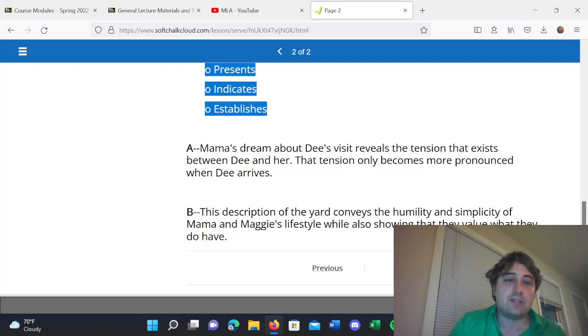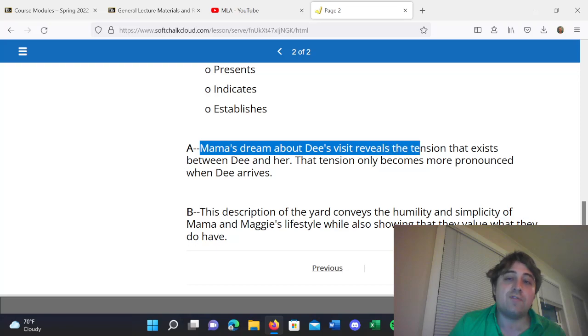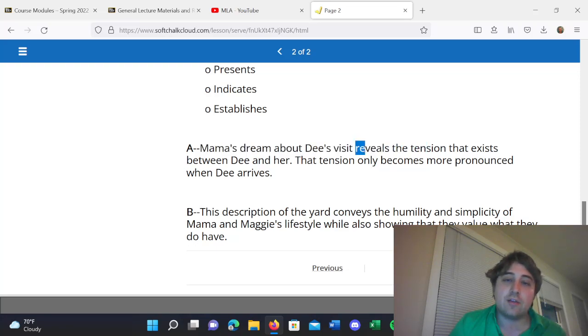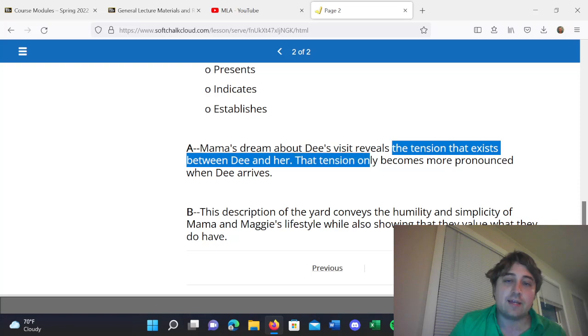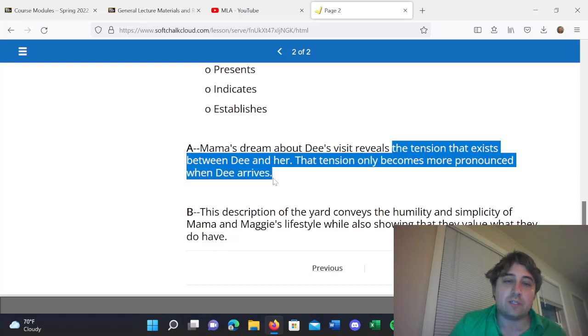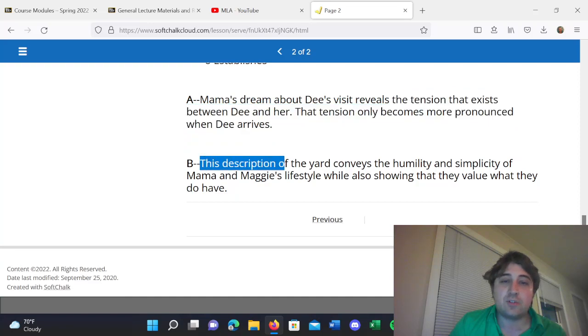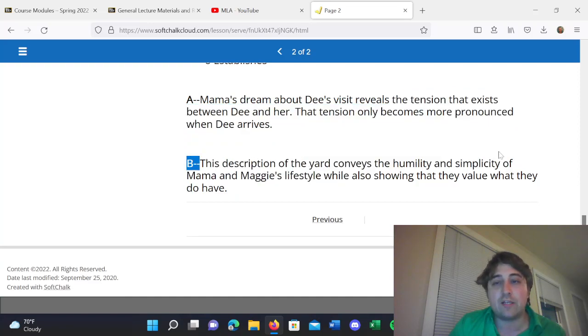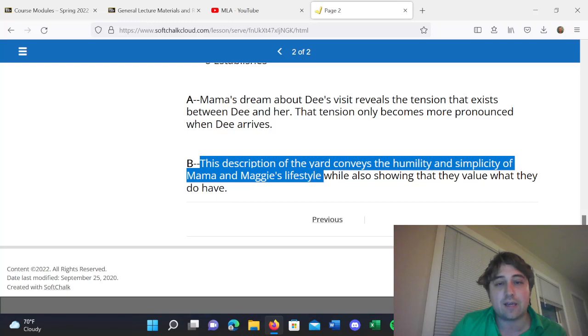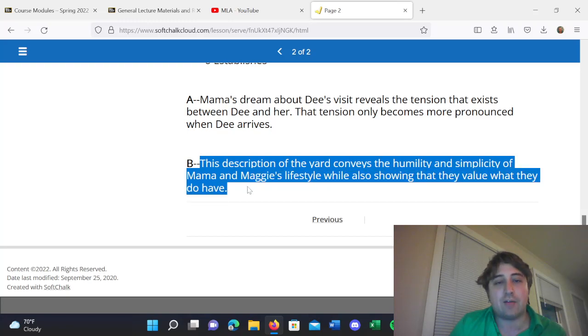In the first case, case A, Mama's dream about Dee's visit reveals, there's that analytic verb, that reveals the tension that exists between Dee and her. That tension only becomes more pronounced when Dee arrives. And then the next one, this description of the yard conveys the humility and simplicity of Mama and Maggie's lifestyle, while also showing that they value what they do have.